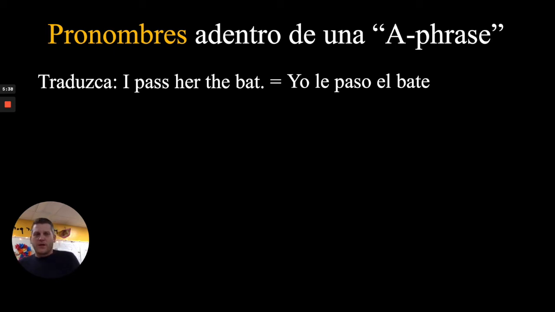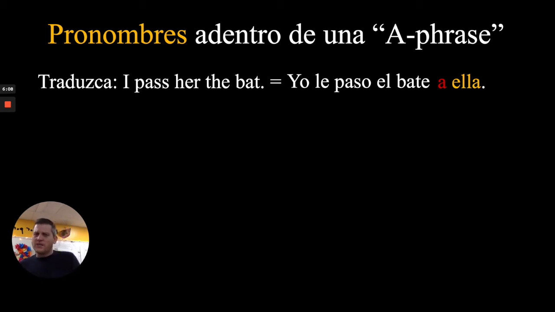So, yo paso, I pass, el bate, the bat, le is to her, but it could also be to him, or it could be to you formal. So I'm going to use my special phrase that we've been talking about, this a phrase, to clarify that this le refers to a her. Here we have it. Take a look. A ella. Yo le paso el bate a ella.